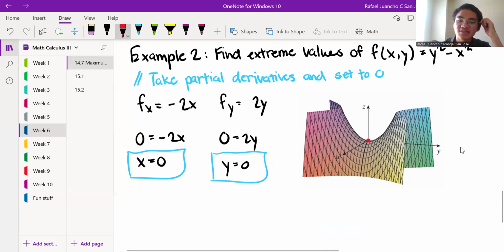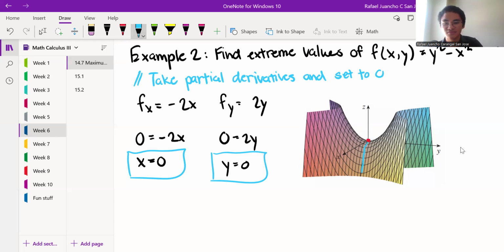Here we can see that on the x-axis, we have y equals zero. And so our f of x, y, when it's equal to negative x squared, is less than zero, right? So we're looking at this one. It's concave down. That's when negative x squared.